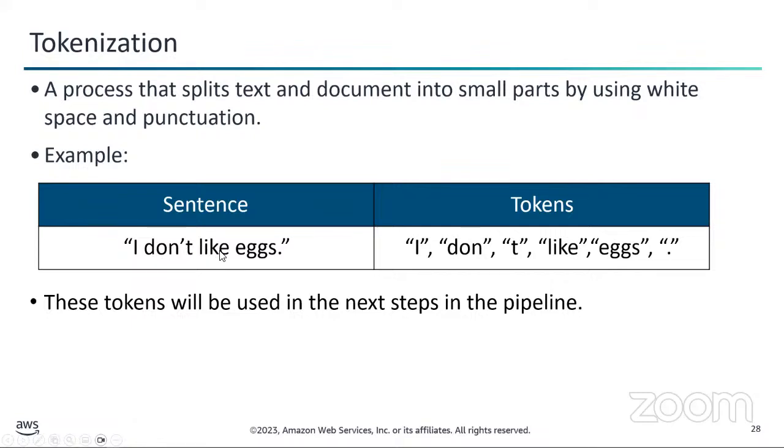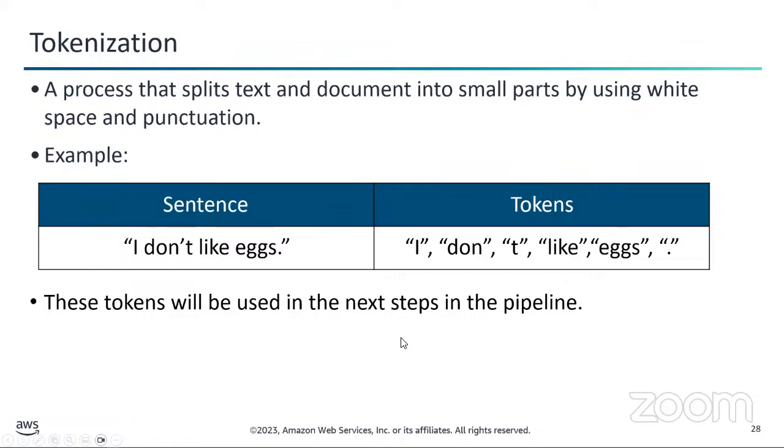Then like is another token, and X another token, and period another token. So that's why it converted this sentence into these 1, 2, 3, 4, 5, 6 tokens. Okay. And it also actually tokenized on the single quote, so that's why DON and T. So these tokens now will be used in the next step in the pipeline.